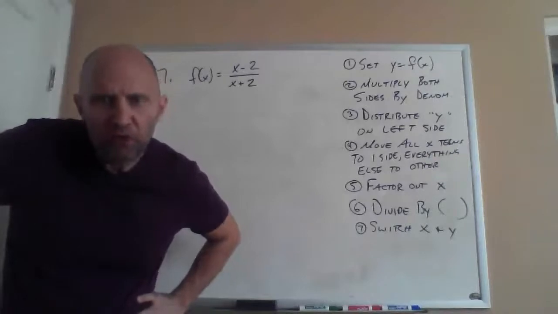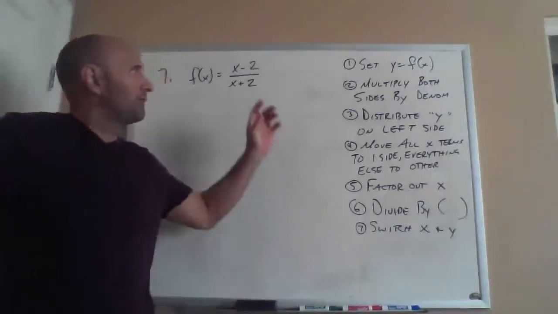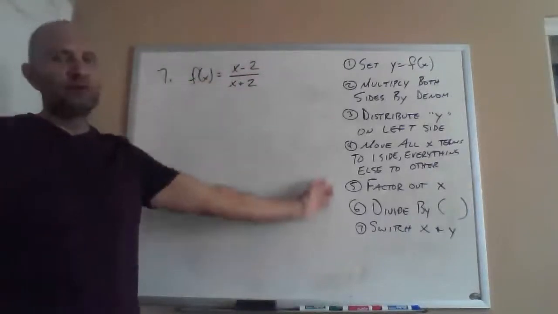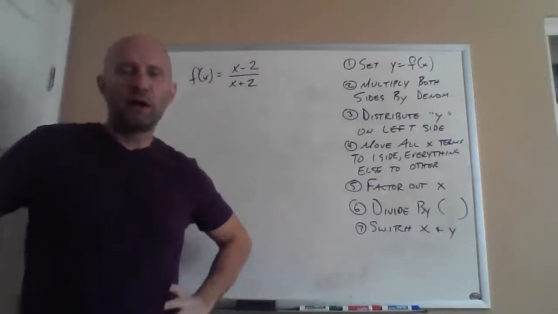These are all the steps. So when we have a rational function like this, so a numerator and denominator, these will be the steps we follow every single time.